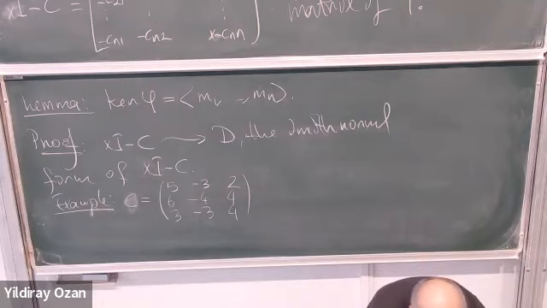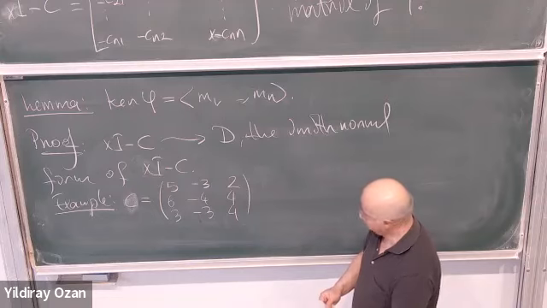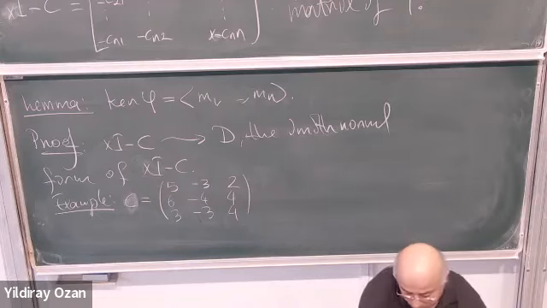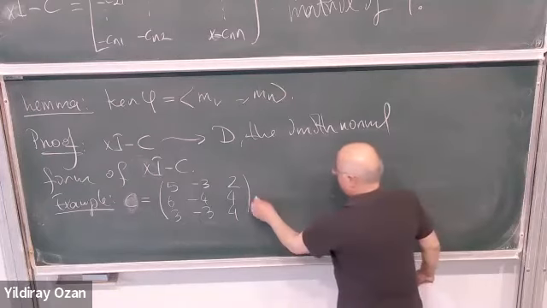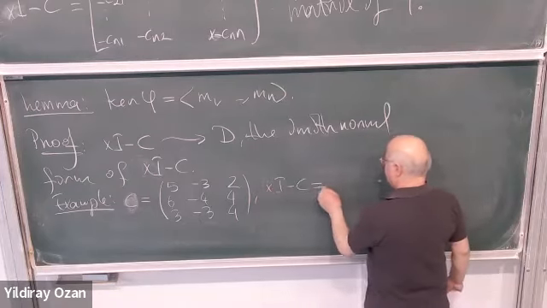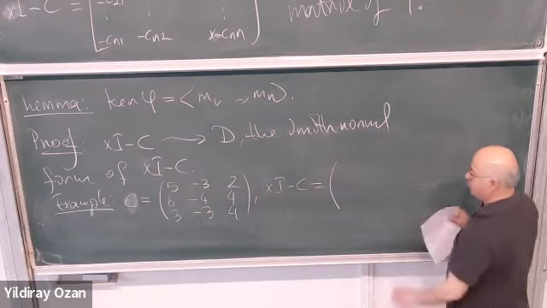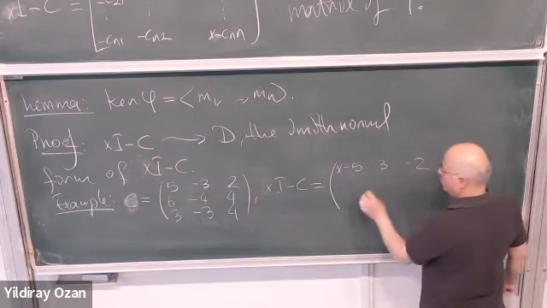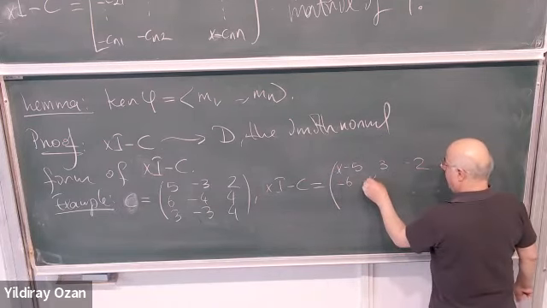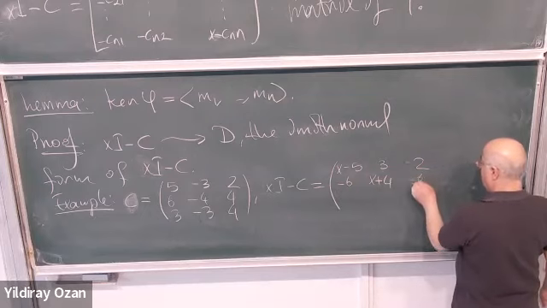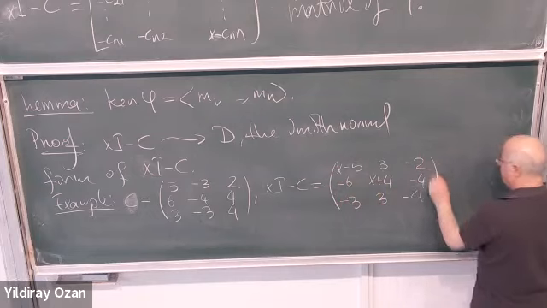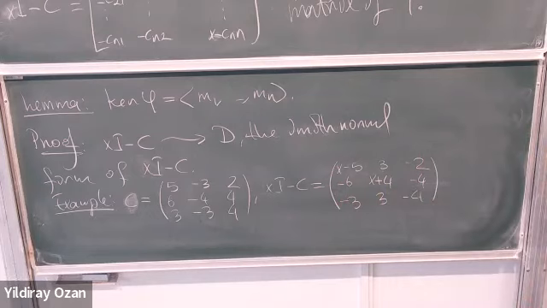Şimdi what is x identity minus c? So it is x minus 5, 3, minus 2, minus 6, x minus 4, minus 4, minus 3, 3 and x minus 4. Tamam mı?